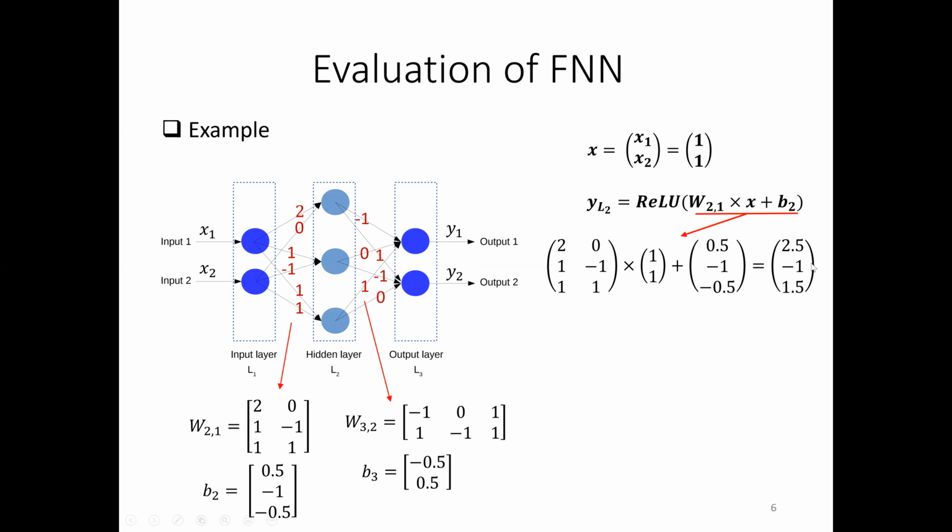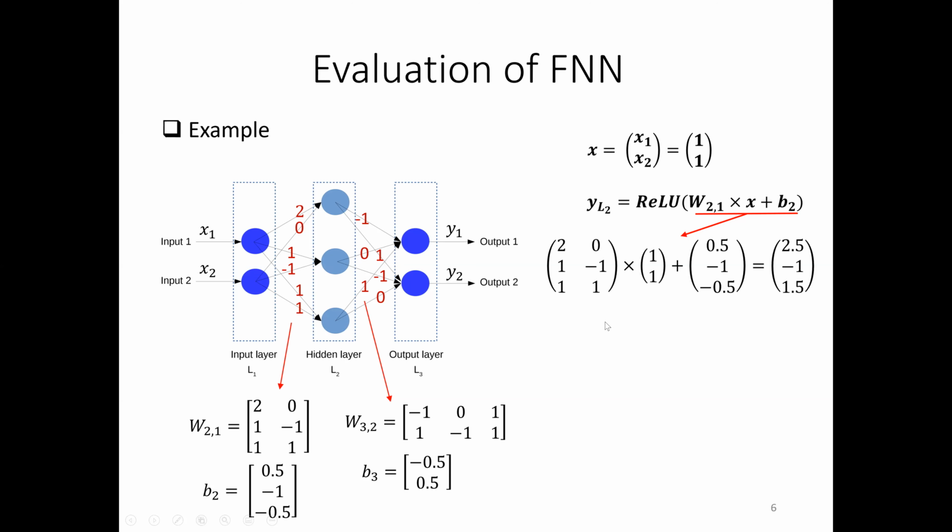This is the input vector to the hidden layer. So the input to the first neuron of the hidden layer is 2.5. The input to the second neuron of the hidden layer is -1. And the input to the last neuron of the hidden layer is 1.5.